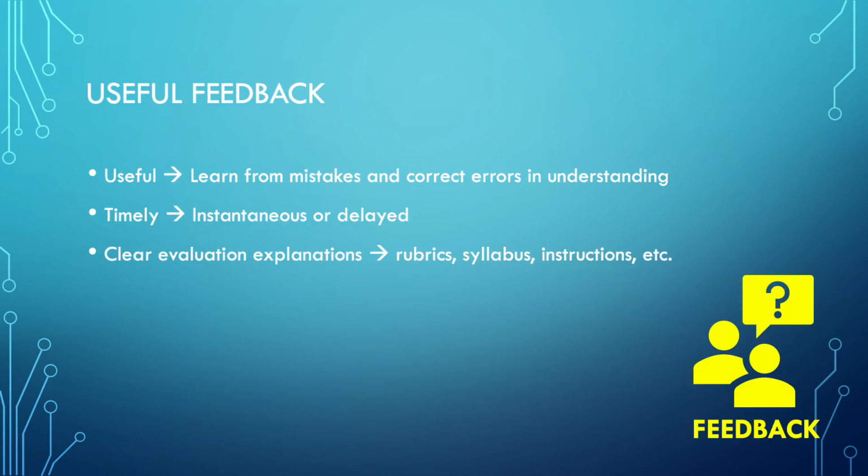Right. The last thing on here for the 5 components is having useful feedback. So when I talk about useful, lab activities are generally designed so that students can learn from their mistakes and correct errors in their understanding. To make sure that the online students are able to do that, we need to provide very timely feedback so that they can have time to make those corrections in their errors.